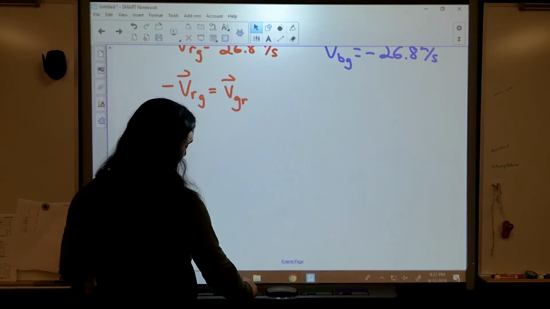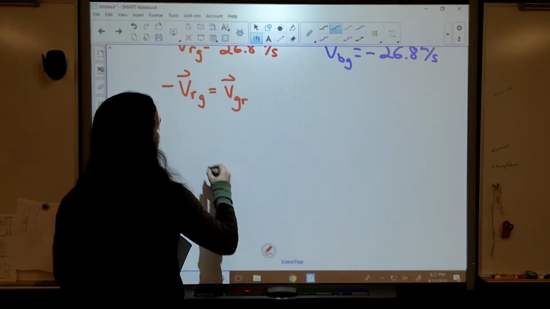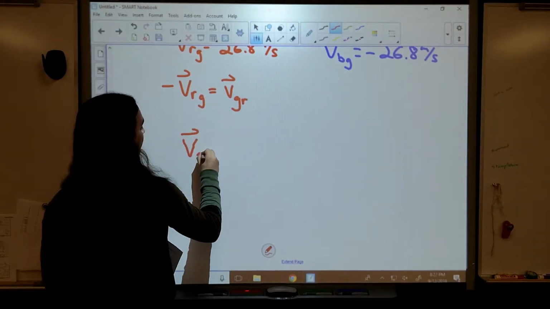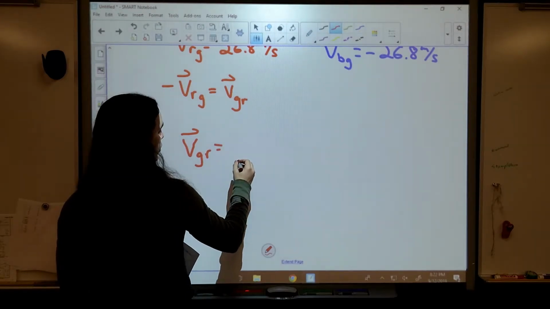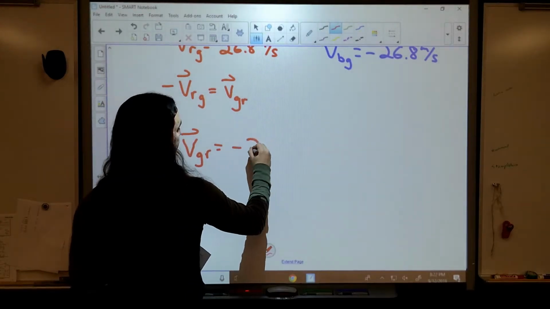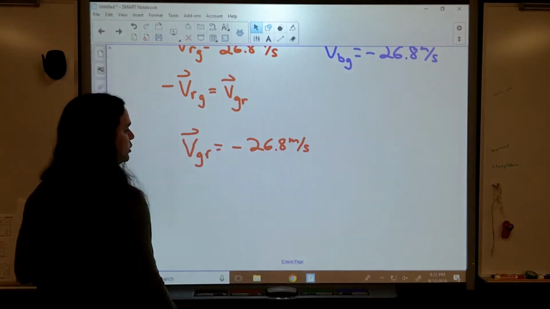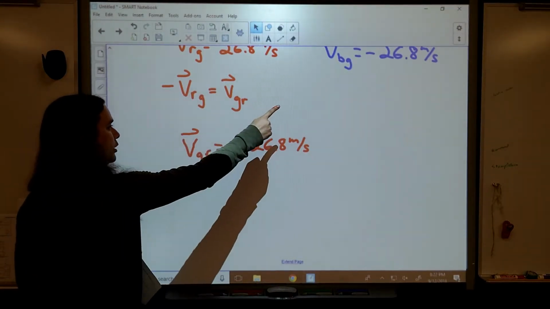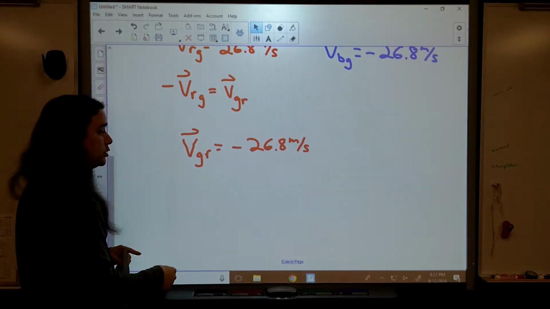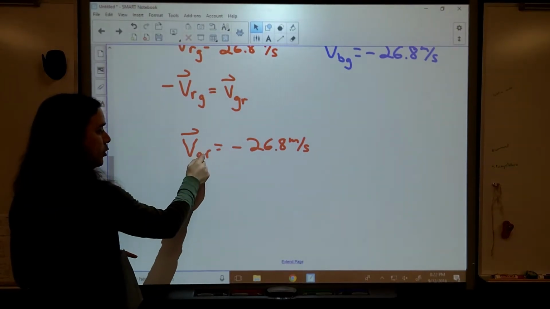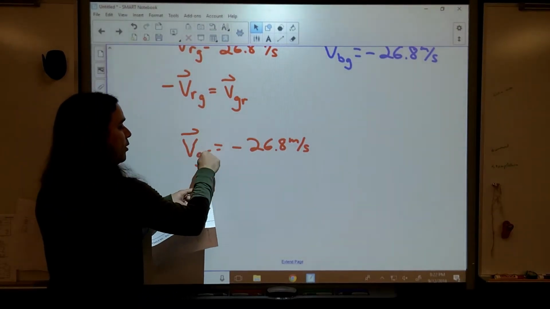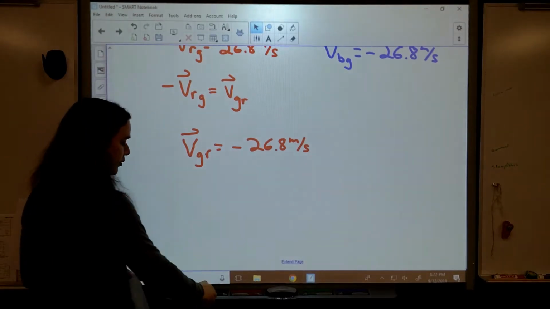Okay, now that I've got this, I find that the velocity of the ground with respect to the red car is negative 26.8 meters per second. Now, here's what I want to do. I want to know what the blue car is doing from the red car's point of view. That's why I've reversed this, so now I've got what's happening from the red car's frame of reference.